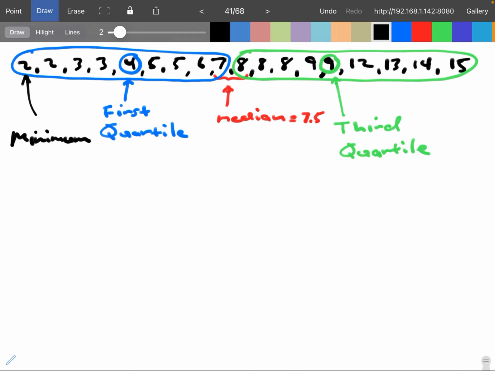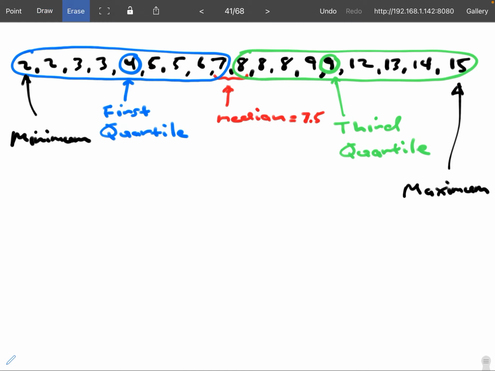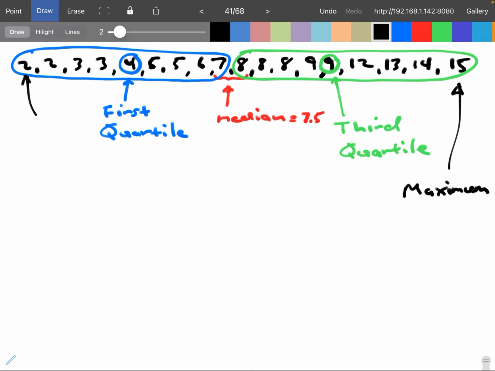And then this one over here, your largest data value, that's called your maximum. I still can't read minimum over here. I'll try one more time. That's supposed to say minimum. That's a little better.